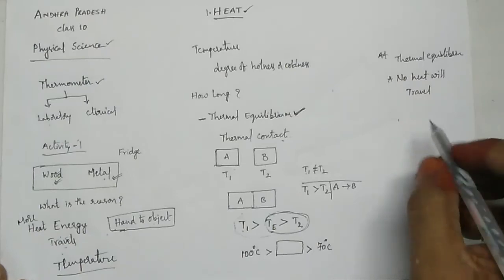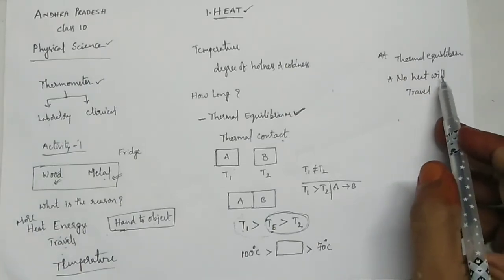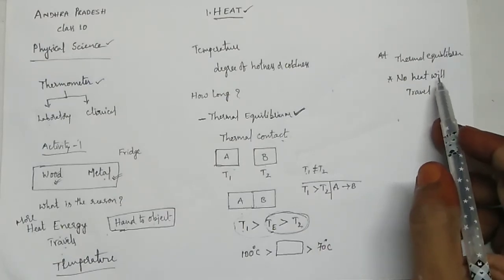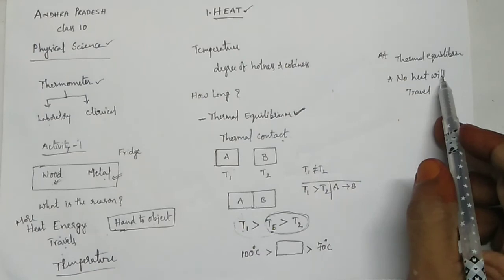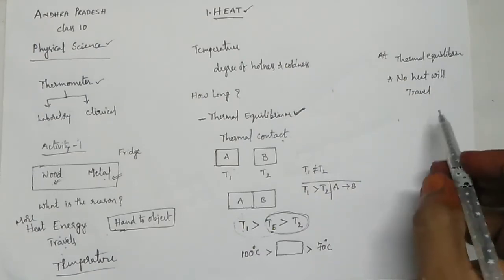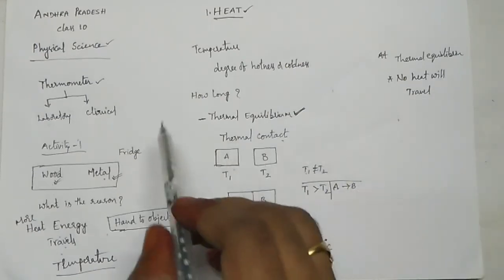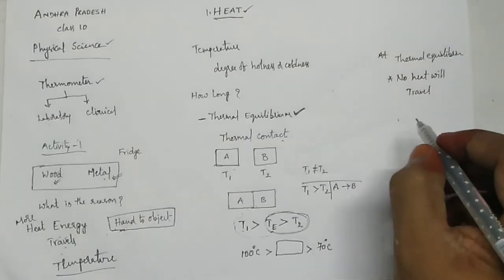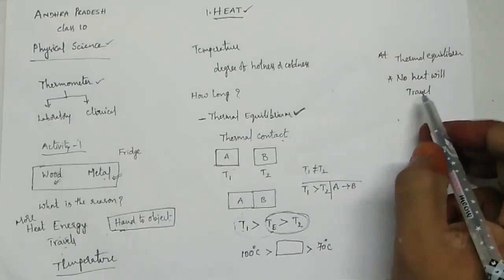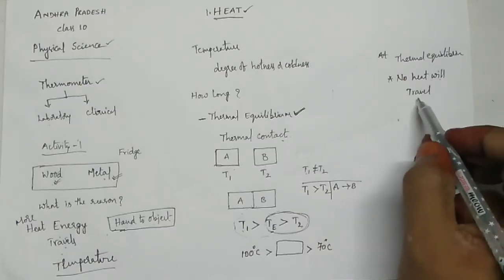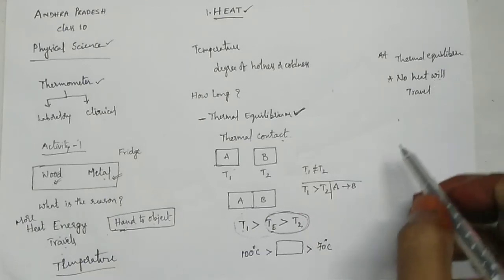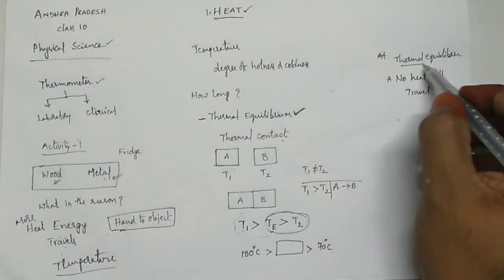This state is called thermal equilibrium. So, thermal equilibrium is a state where bodies are at the same temperature and will not exchange any heat across them. This is called thermal equilibrium.